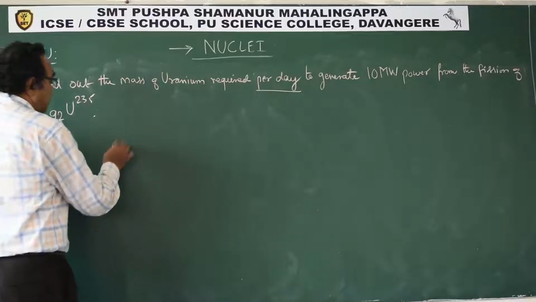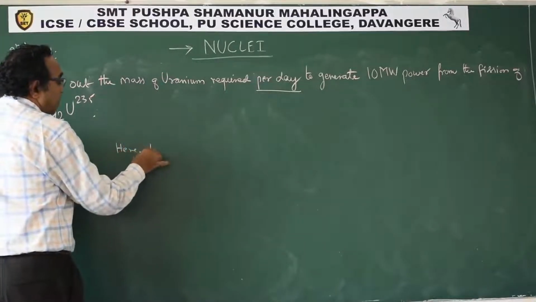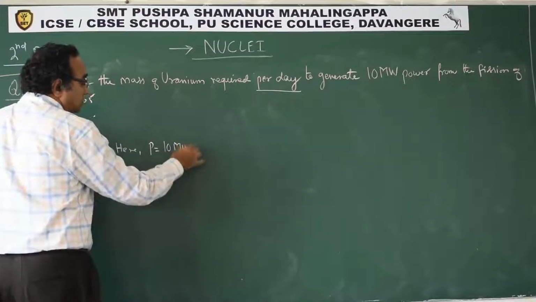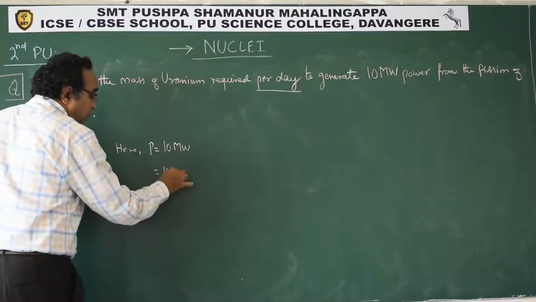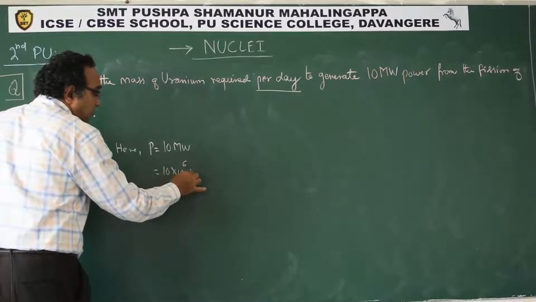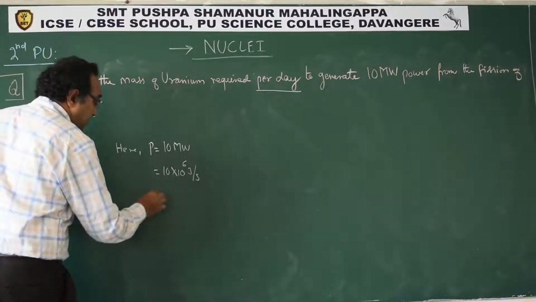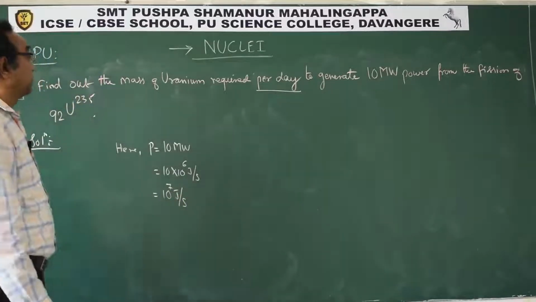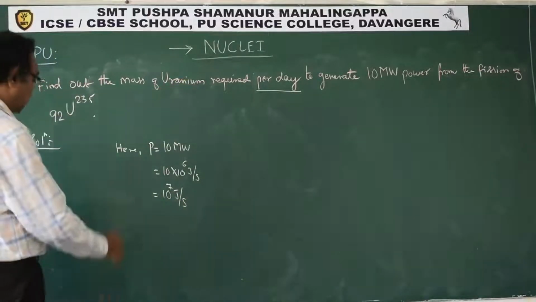Okay, so here power is 10 megawatt. That is the same as 10 × 10^6 joule per second. So that is 10^7 joule per second per day.